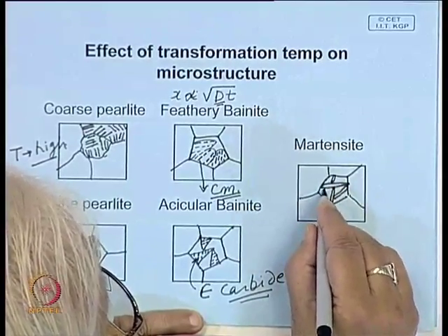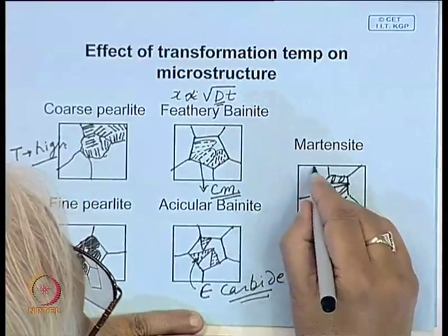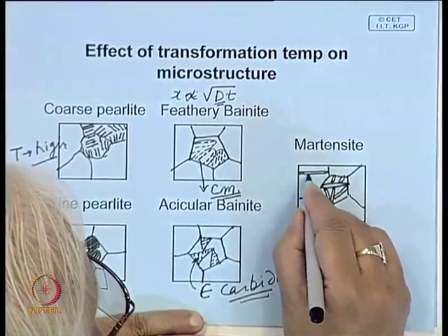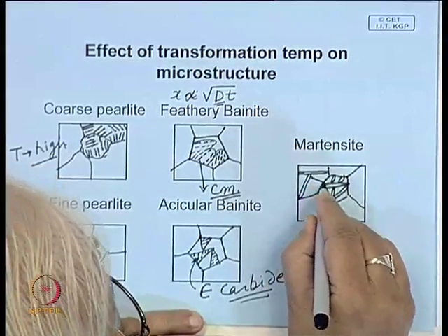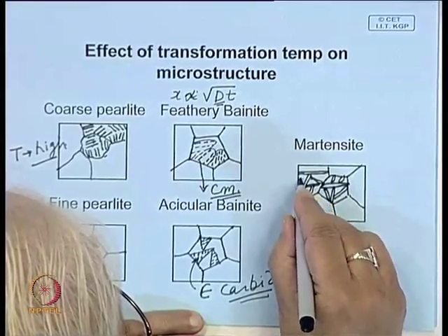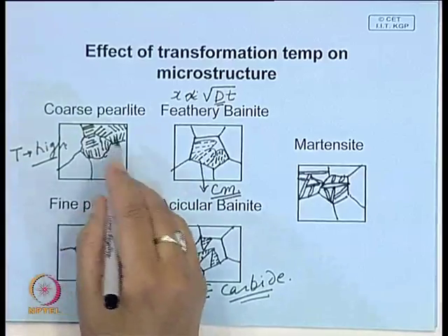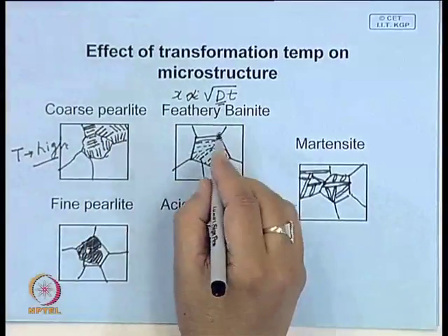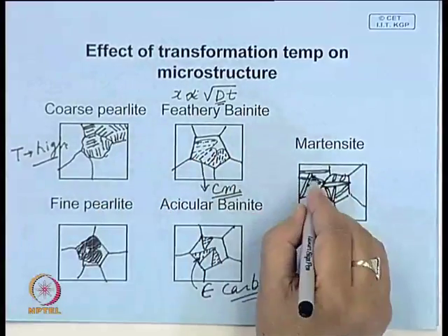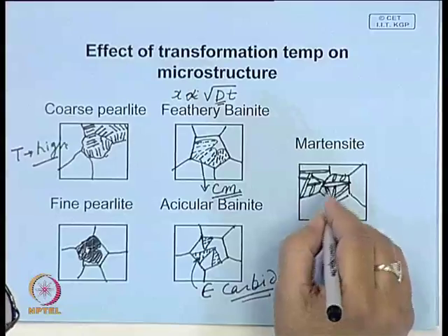So the entire structure gets converted into this type of needle structure, and they are so fine under a normal optical microscope, and it will be very difficult to etch also. When you polish and etch this steel, etching actually attacks boundaries, and here such carbide boundaries are non-existent.